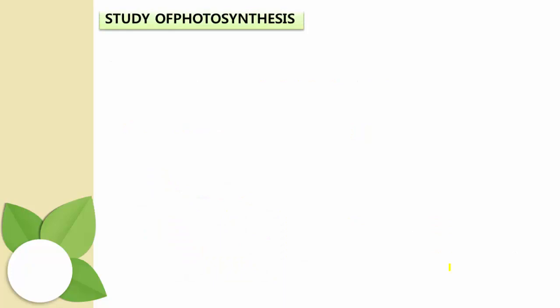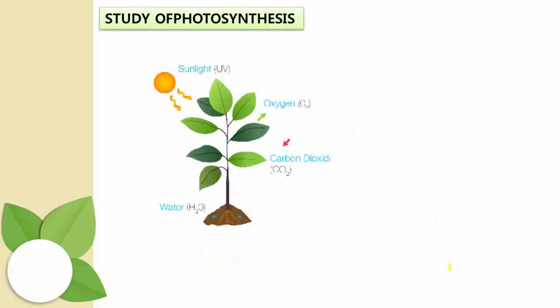Then moving to the next one, study of photosynthesis. Here is an image showing how photosynthesis takes place. Water from the soil is absorbed by the roots, and that water is supplied to the leaves.